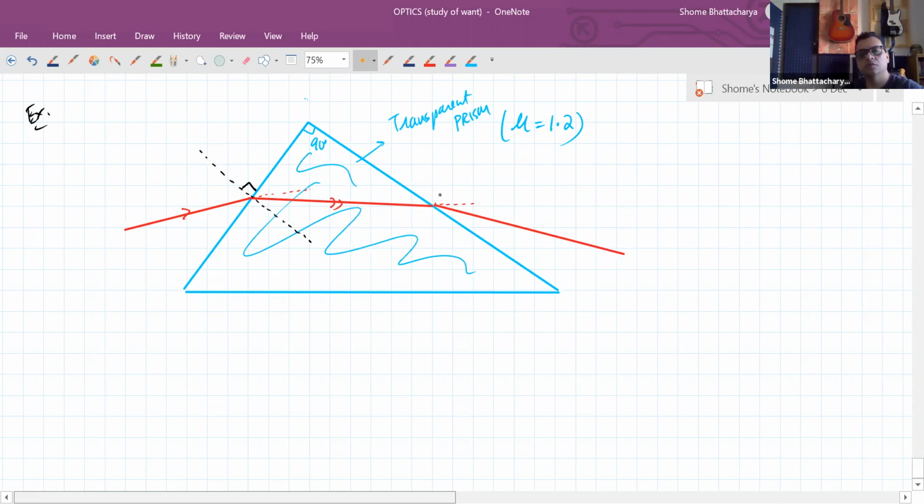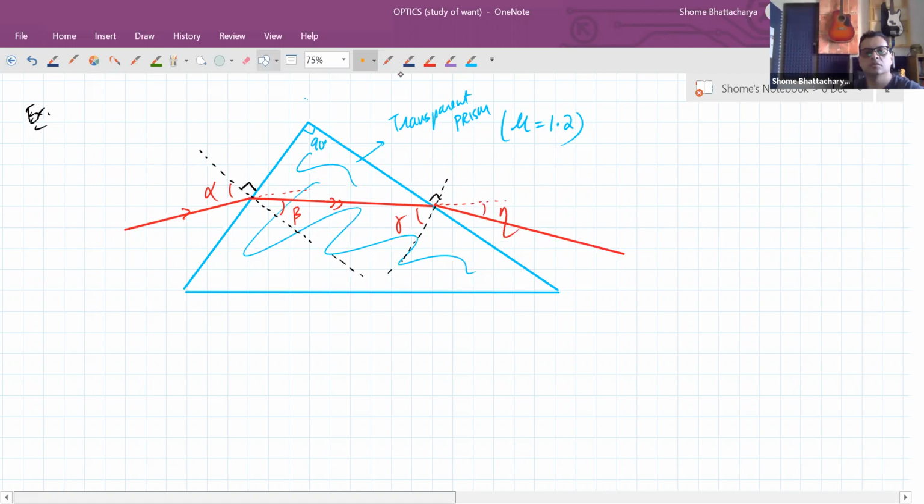If I draw the normal at this point, this will actually form a rectangle. It's not showing in my diagram that well, but anyway. So this angle is alpha. Let's say this angle is beta. This angle is gamma, and let's say this angle is eta.